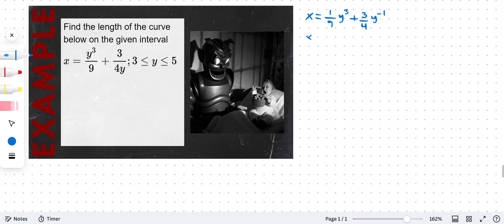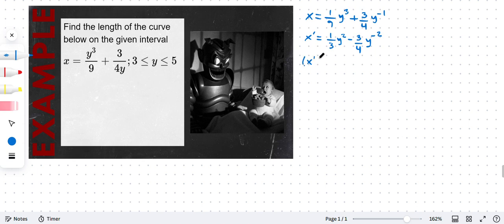So x prime is equal to, so 3 drops down, we get 1/3 y squared. Drop our negative 1, so that'd be minus 3/4 y to the negative second. And we got to square it.